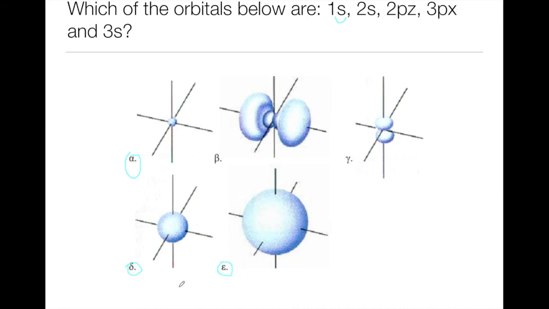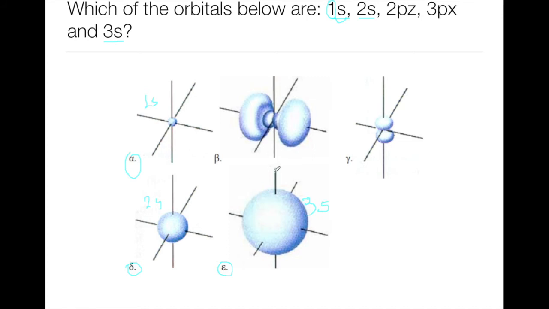Now we choose 1s, 2s, and 3s. We said that the n number determines the size. So the smaller this one, the smaller the orbital. Therefore, this is the smallest, that should be 1s. This is a bit larger, this is the 2s, and this is the largest, therefore this is the 3s. It's the 3 because it's the largest, and s because it has a spherical shape.